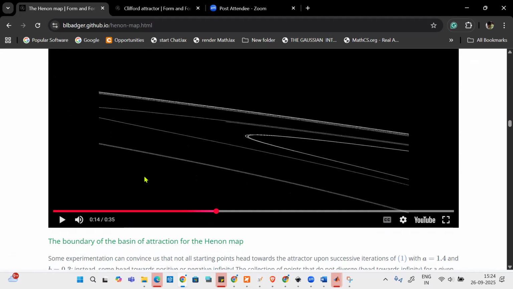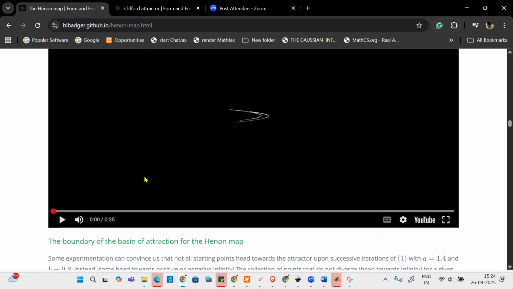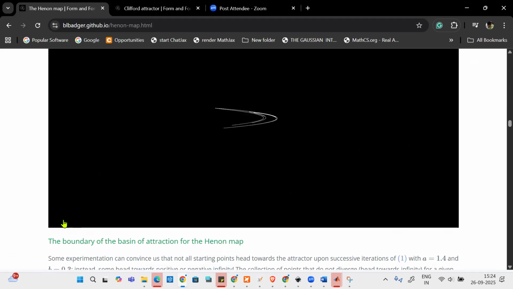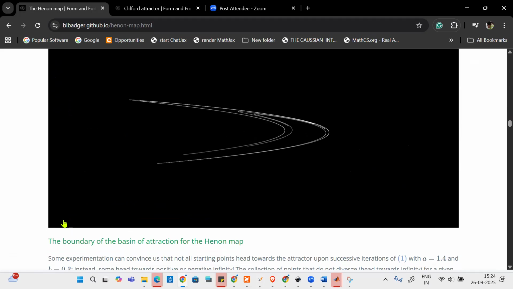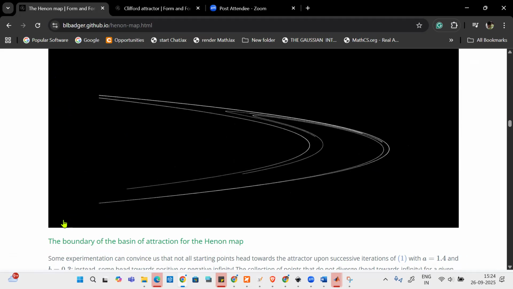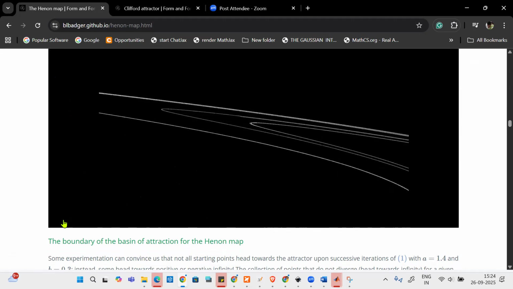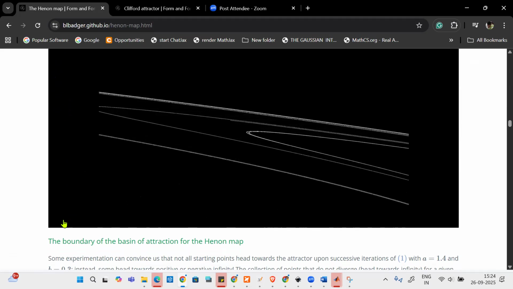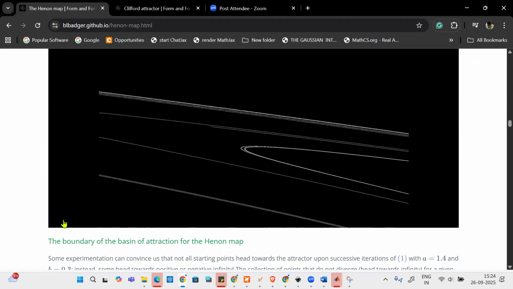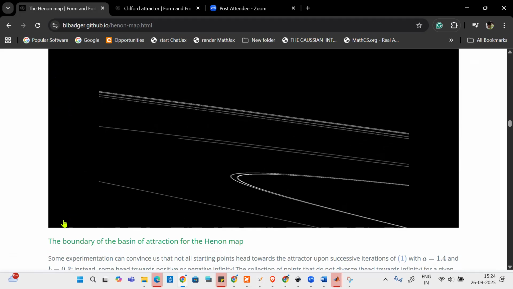So let us see this video, where you can easily see how the zoomed Henon attractor looks. When you keep on zooming into this Henon attractor, you can see that we are entering the zone. Yes, you can see the fractal property has started to appear.